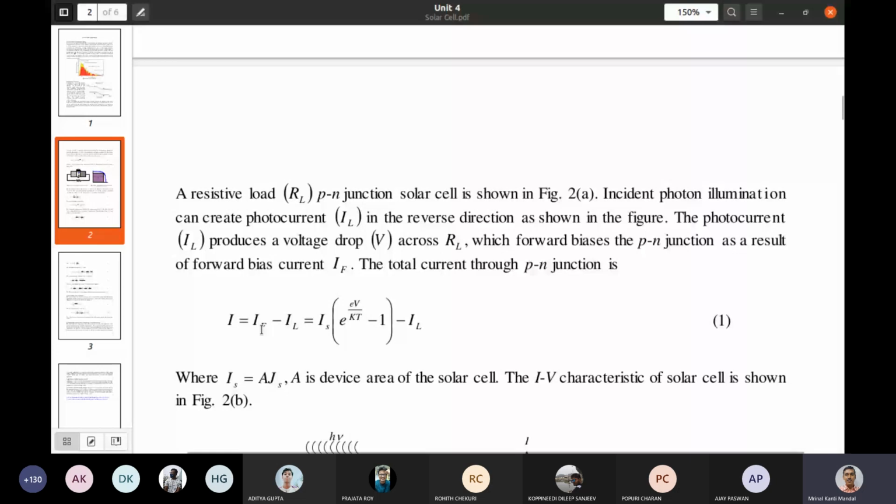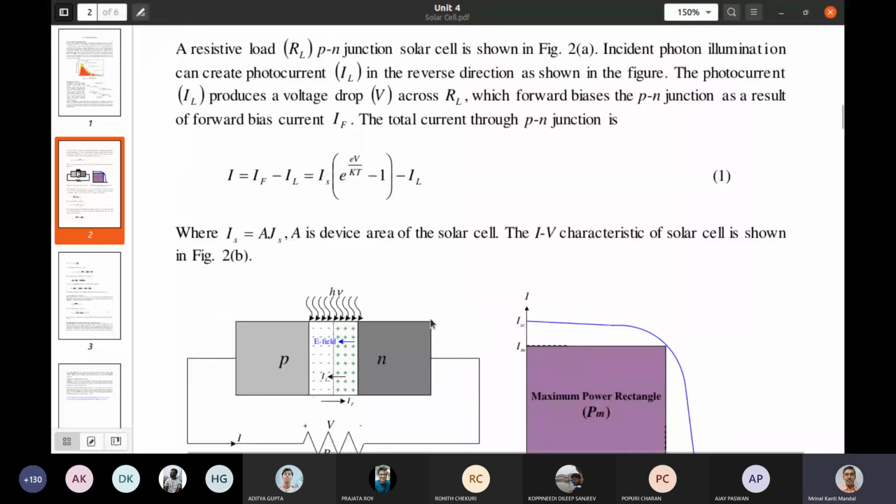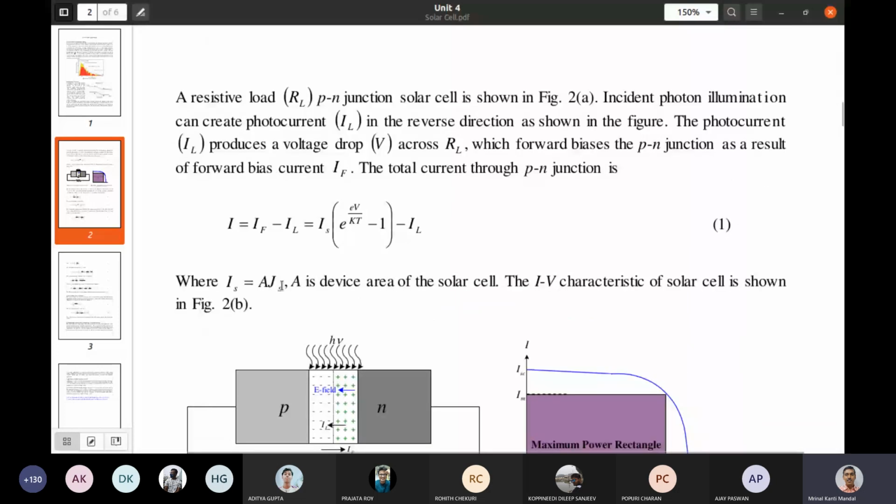IF value you know from your diode equation, that is IS e to the power eV by kT minus 1, where V is the forward voltage across the junction, right? That is established due to this potential drop across the load. Minus IL, where IS is the reverse saturation current, that is A into JS. JS is the current density.